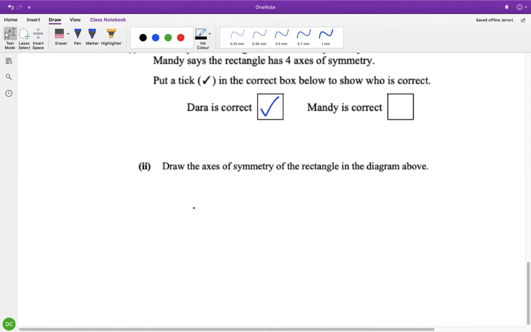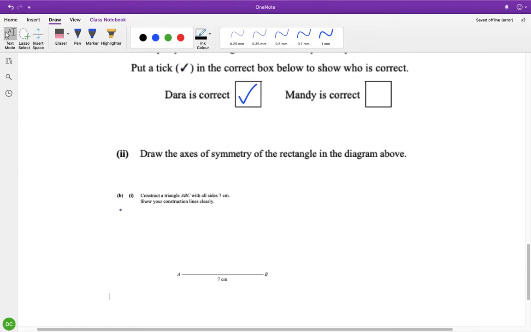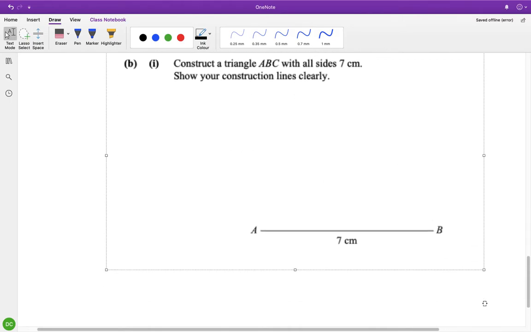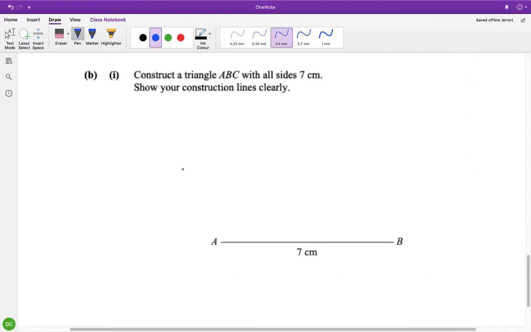Okay, so the next bit here is a construction. I'm not going to be able to show you this properly, but I'll try and talk you through it. Construct a triangle with all sides 7. They've done the base for you. So what you would do is you would take your compass and your ruler and open up your compass. You put your pin at the start and you put your pencil at 7.